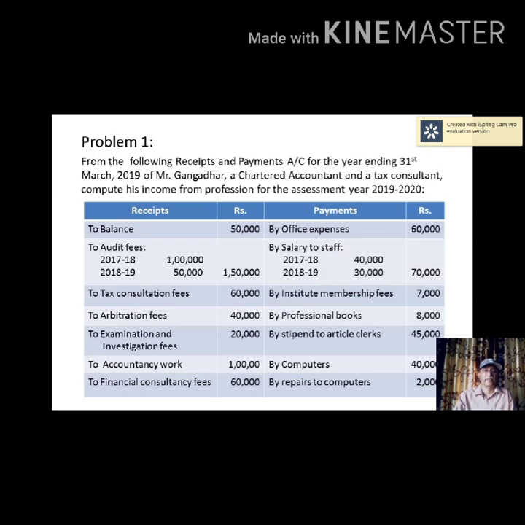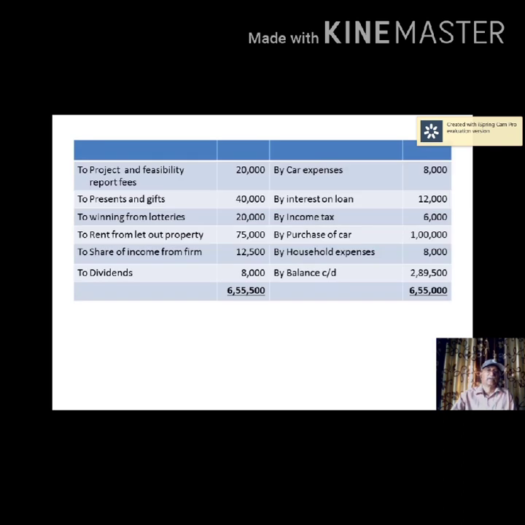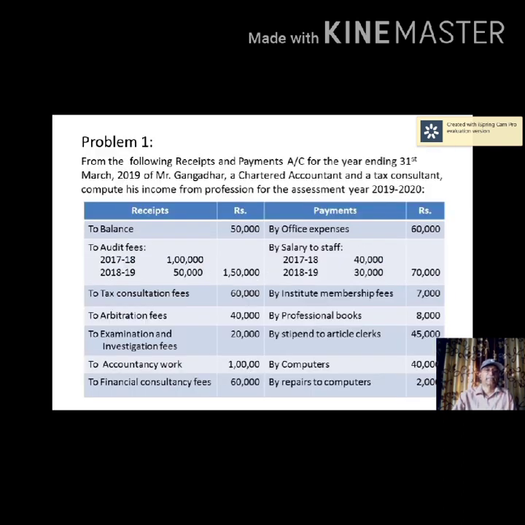Now look at the left hand side. Let us see what are to be considered as professional receipts and what are to be taken as professional expenses. So you take audit fees. Audit fees are given here for the year 2017-18 as well as for the year 18-19. If the accounts are prepared on accrual basis, you have to take only 2018-19 audit fees.